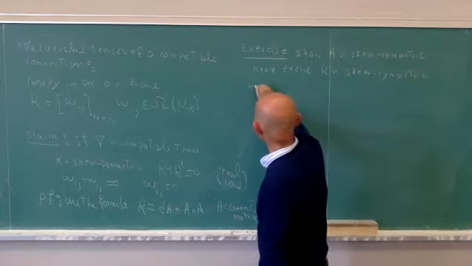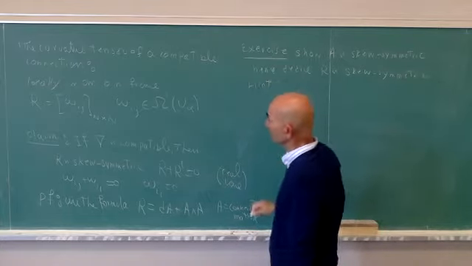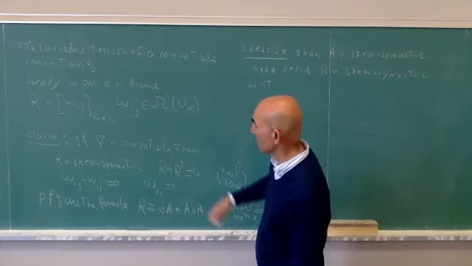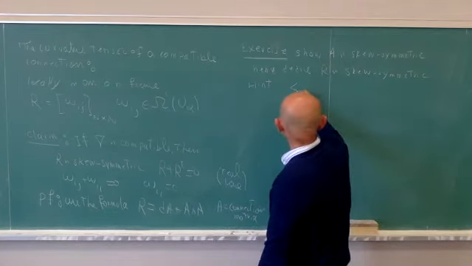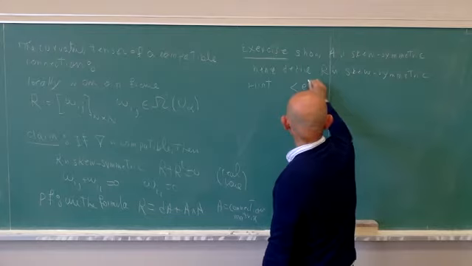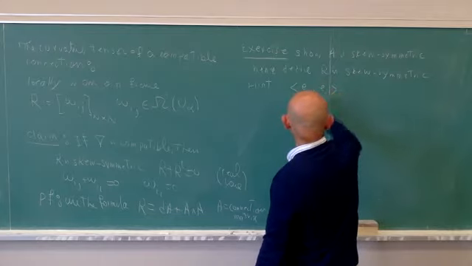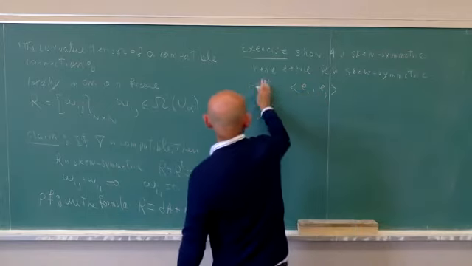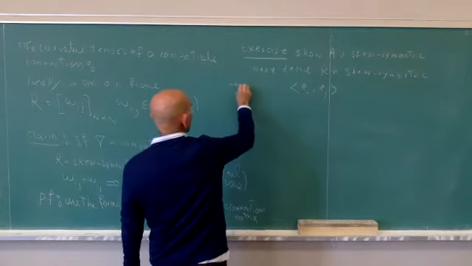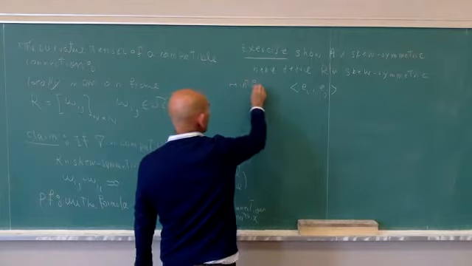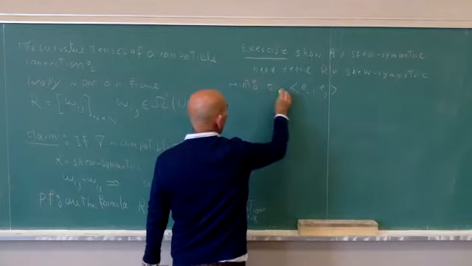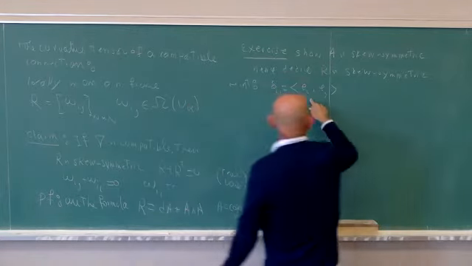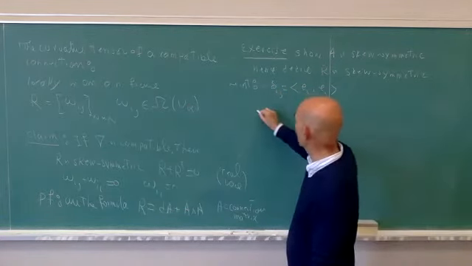Just to give you a hint for this skew symmetry, you can start by differentiating this relation, in local coordinates. This is equal to delta ij. Differentiate this.